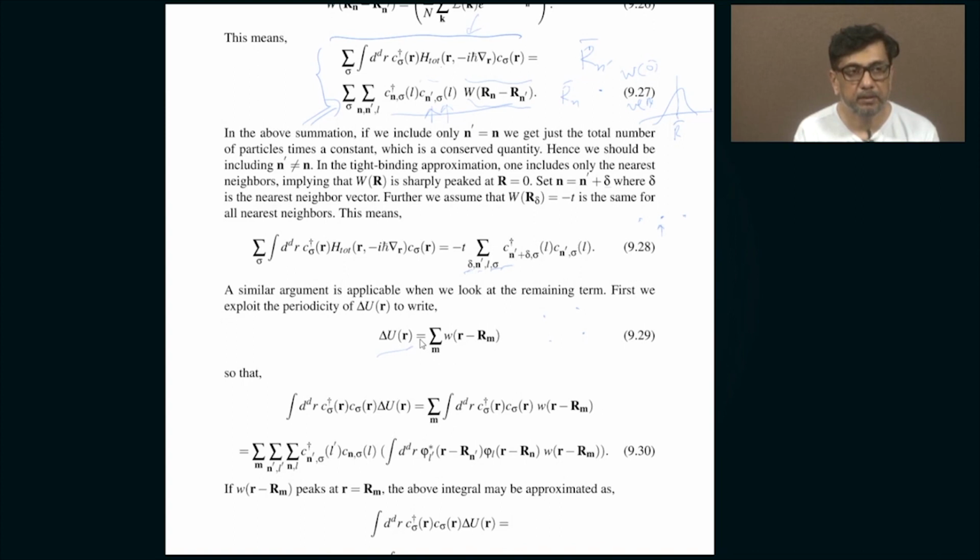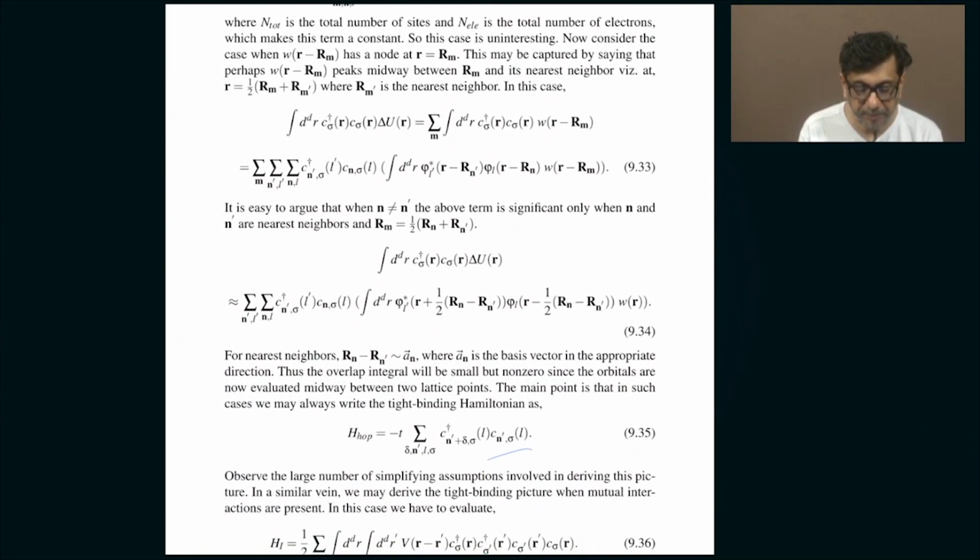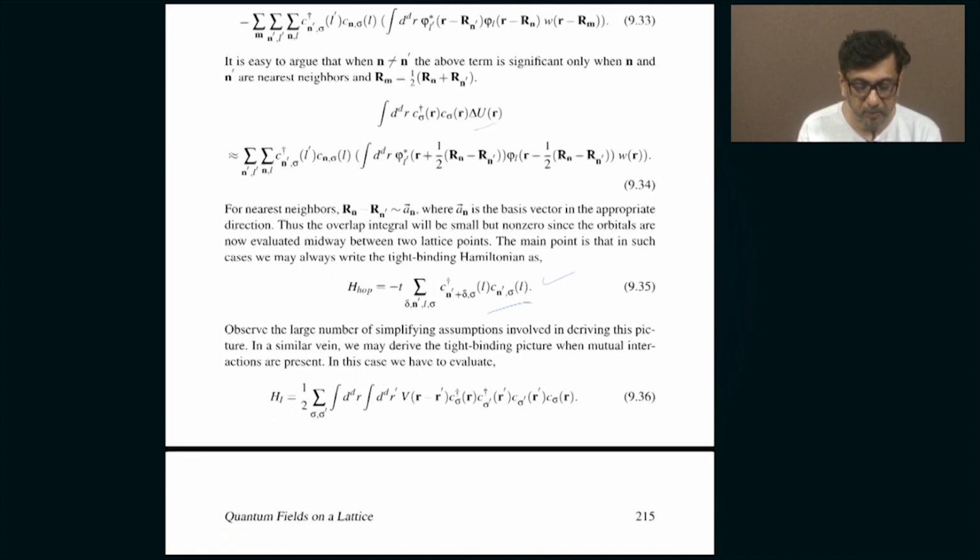All the atoms put together can contribute to the potential energy of the electron in a different way. Even if that is the case, you will see that it similarly leads to the same type of hopping. If you redo the analysis for that delta u, it also leads to hopping.